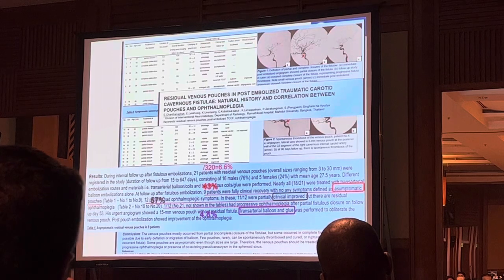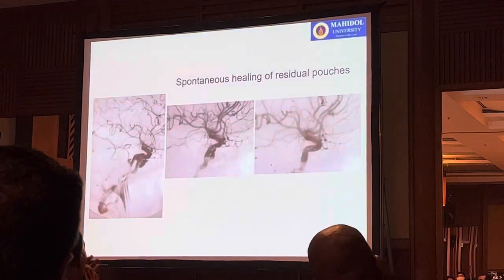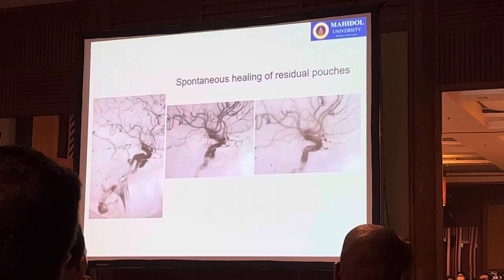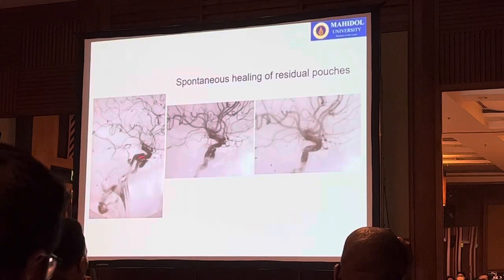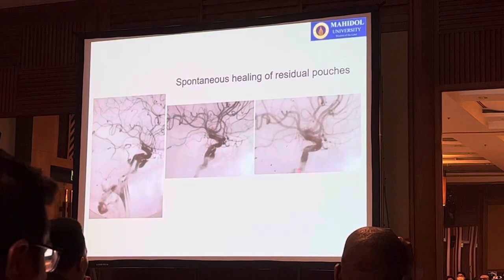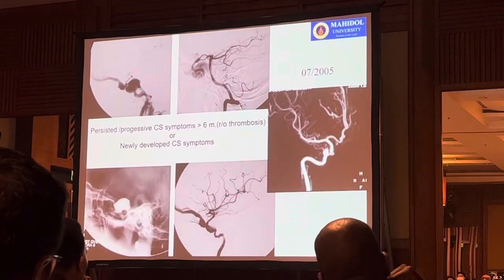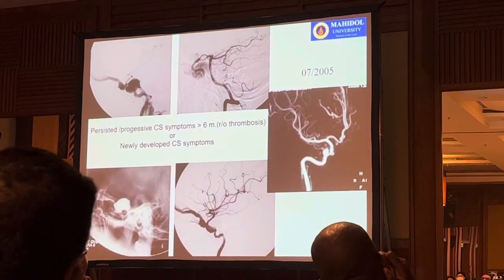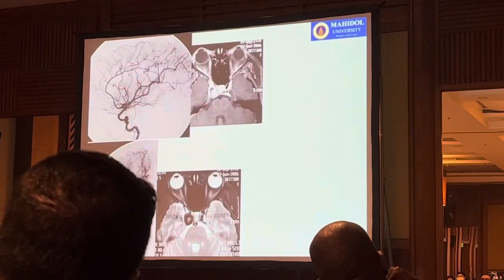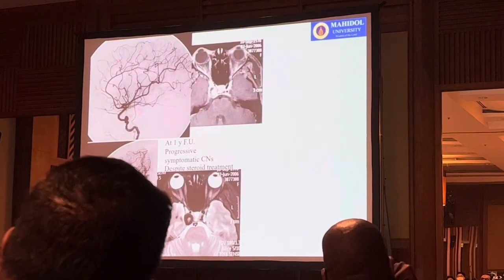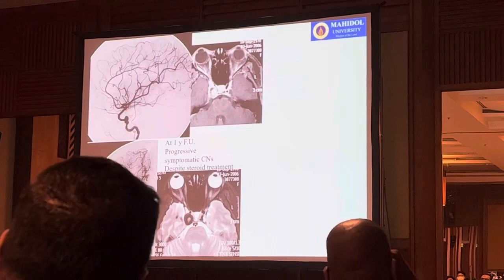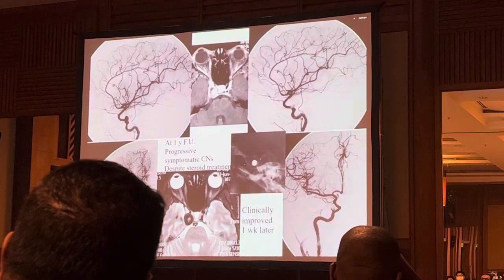Only 4.5% are the ones that create symptoms. Even so, we have known that this residual pouch can spontaneously close. But if you leave something like this and it's growing after treatment of CC fistula, you just bring the patient to treat as usual aneurysm. There is no problem with this treatment.